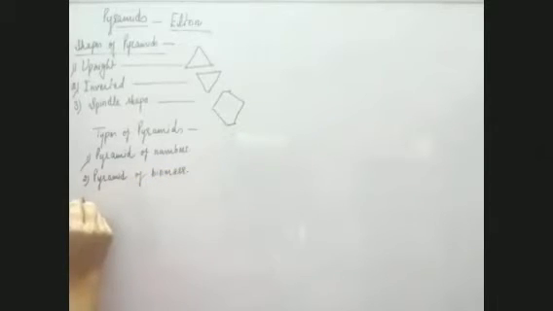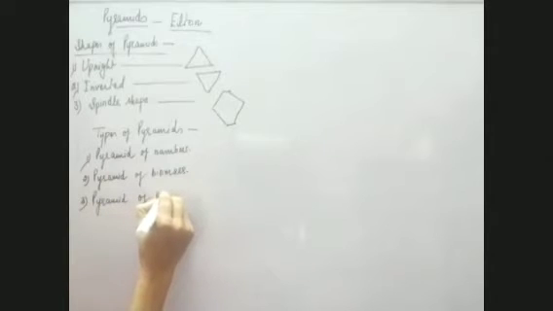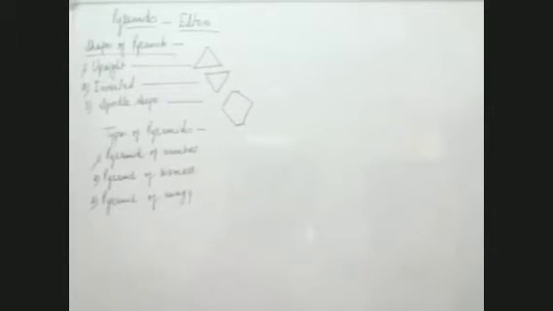And the third one is pyramid of energy. Now, what happens in these three types of pyramids and how are these pyramids formed? Let's start with the first pyramid, which is the pyramid of number.